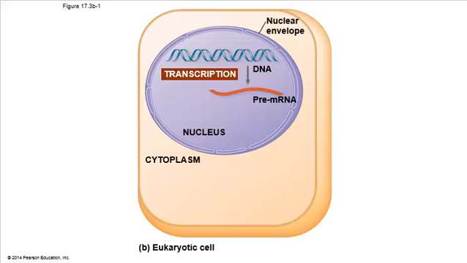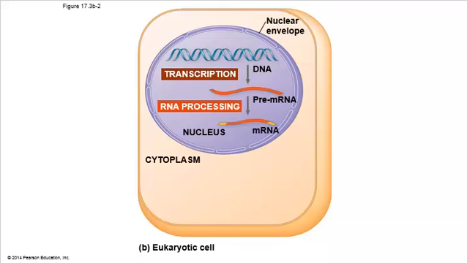In a eukaryotic cell, transcription occurs in the nucleus and translation occurs at ribosomes in the cytoplasm. The transcription of a protein-coding eukaryotic gene results in a pre-mRNA.